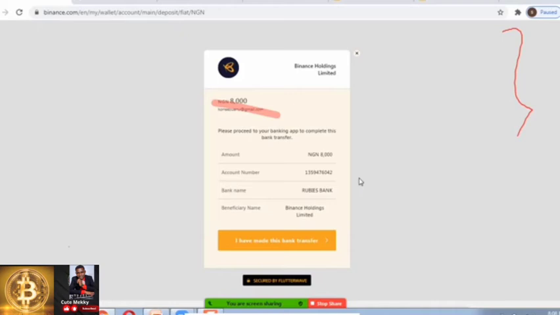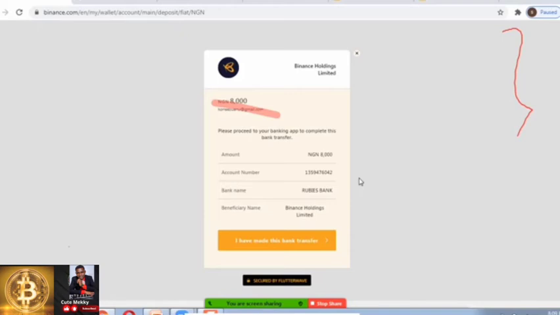So if I do that right now, I have to choose the bank, Ruby's Microfinance Bank. Just give me a little time. Then I take the account number 1359476042. Okay, Binance Holding Limited.